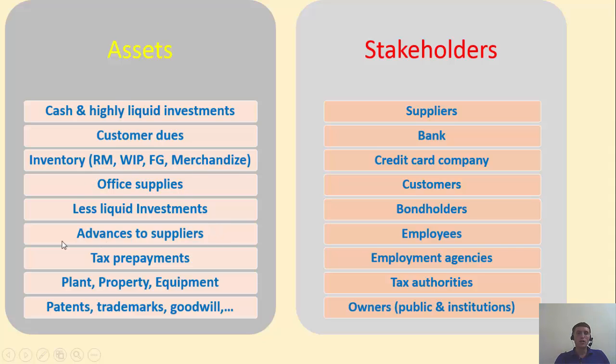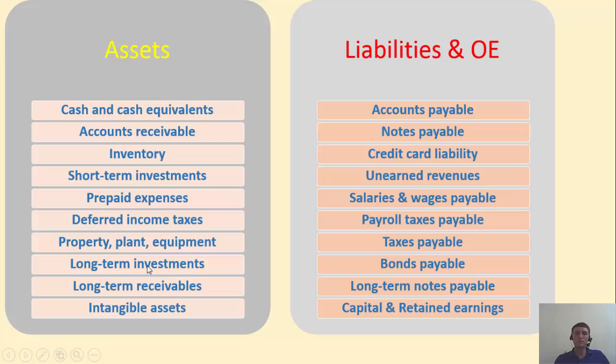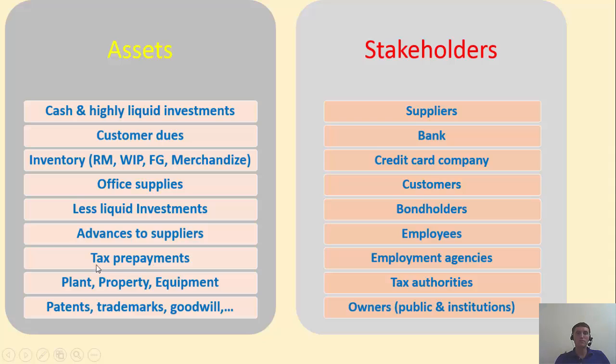In addition, when a firm pays in advance, that money is still the firm's money until the suppliers provide a service or deliver some goods to the firm. The same thing when a company prepays some of its taxes, then that's kind of money owed by the government to the firm, and we'll see this in detail later.